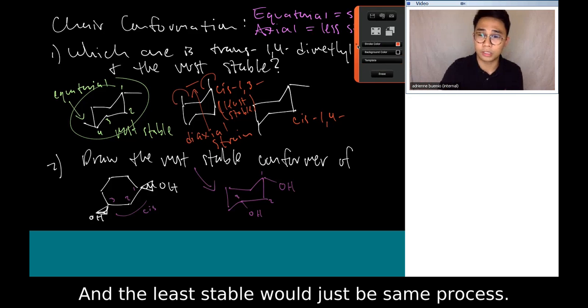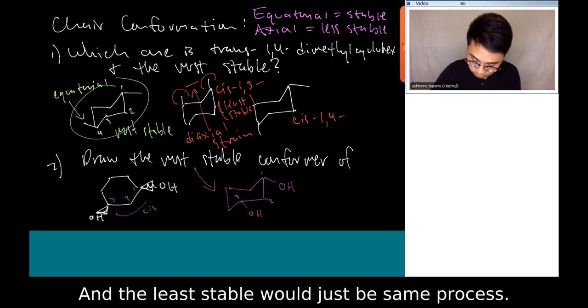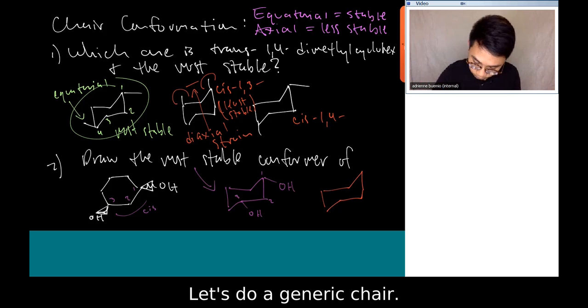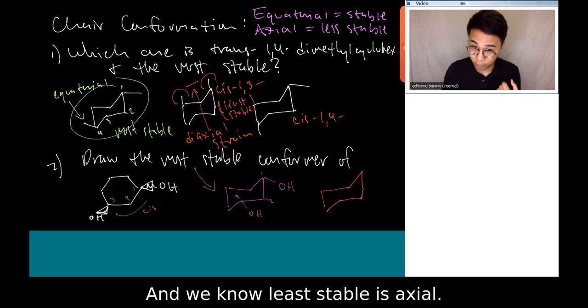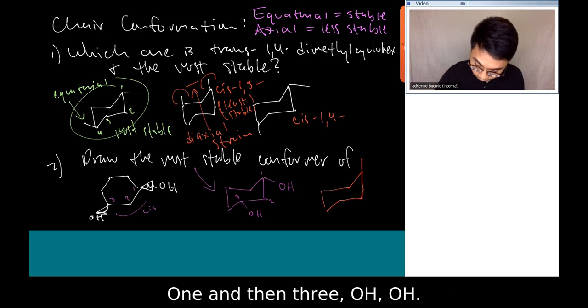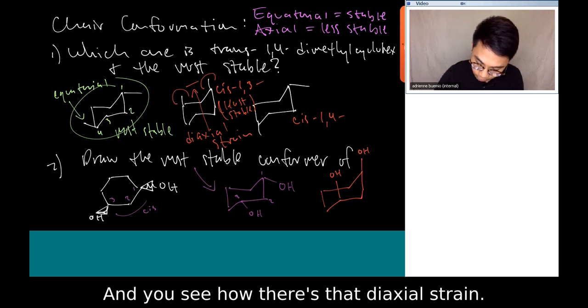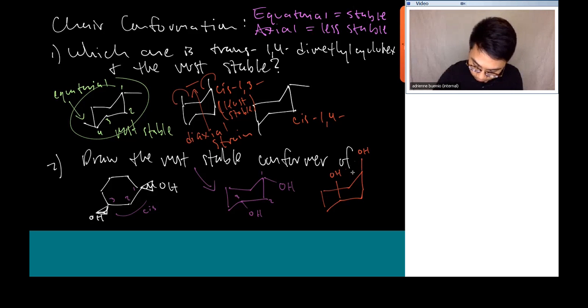And the least stable would just be the same process. Let's do a generic chair, but now we want the least stable, and we know least stable is axial. 1 and then 3, right? OH, OH, and you see how there's that diaxial strain.